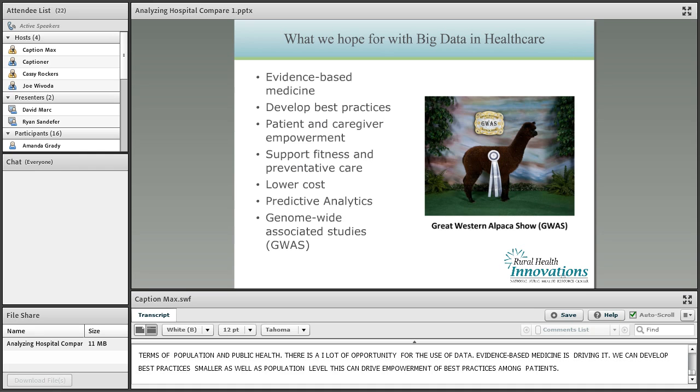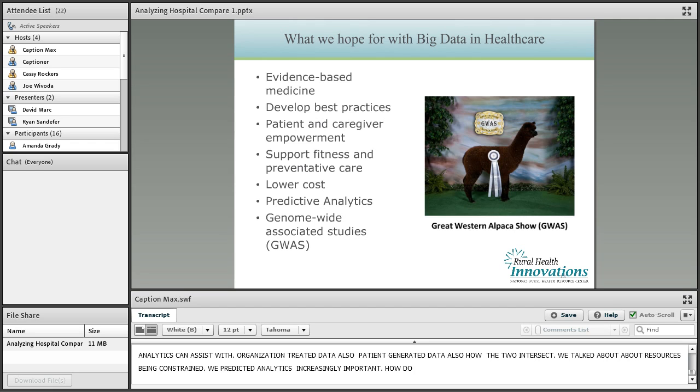And then obviously, all of these things that are being done within different populations and groups of patients and providers and practices and settings need to be done on a much larger scale in terms of population and public health. So we know that there's a lot of opportunity for the use of secondary analysis of data. Obviously, evidence-based medicine is driving that.